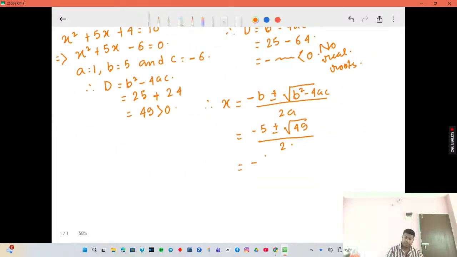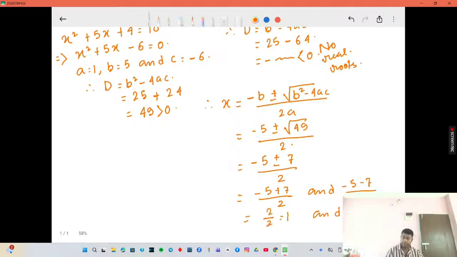Therefore minus 5 plus minus 7 by 2 is equal to minus 5 plus 7 by 2, that is 2 by 2, which is 1, and minus 5 minus 7 by 2, that is minus 12 by 2, which is minus 6.